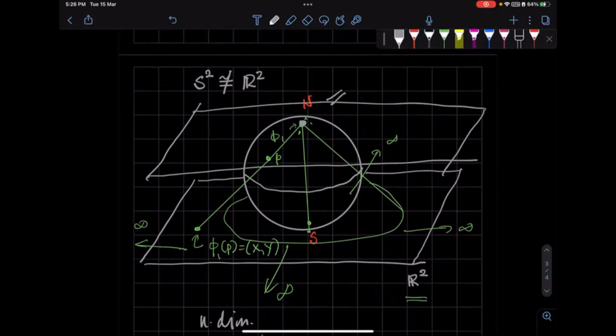Then we make the analogous rule that if there's a point on the sphere, let's call it Q, we project it onto this new R2 by drawing a line from the southern hemisphere, and the point that intersects this R2, we call phi 2 of P, and phi 2 of P is going to be another set of coordinates, x prime, y prime.